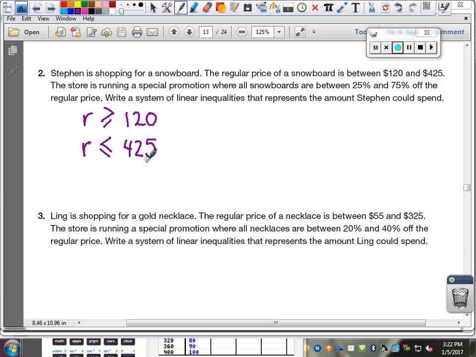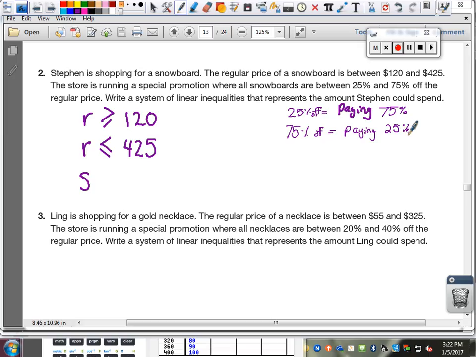The store is running a special promotion where all the snowboards are between 25 and 75% off. That means that the sale price is, if you're getting 25% off, that means you're paying 75%. 25% off means you're paying 75%. 75% off means you're paying 25%.